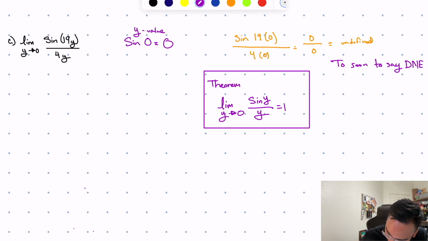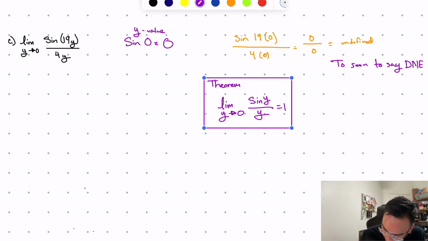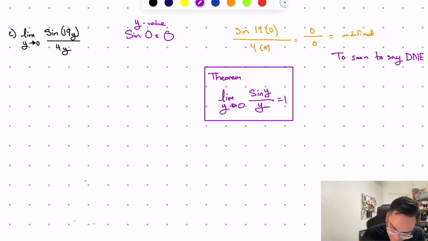So if we remember this theorem, we need to memorize this theorem. If you remember it, we can think, what can we do to apply this to over here?